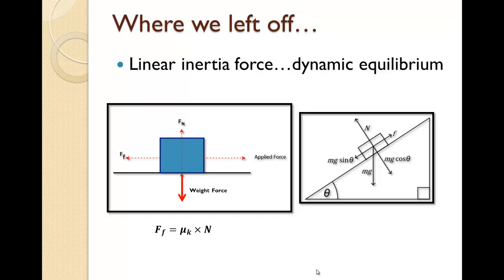But of course, then we'd also need to know what the coefficient of friction was of the box itself. So knowing that equation, we would say the force of friction would be the coefficient of friction times the normal force, or the coefficient of friction times the weight, or mg, times the cosine of theta.